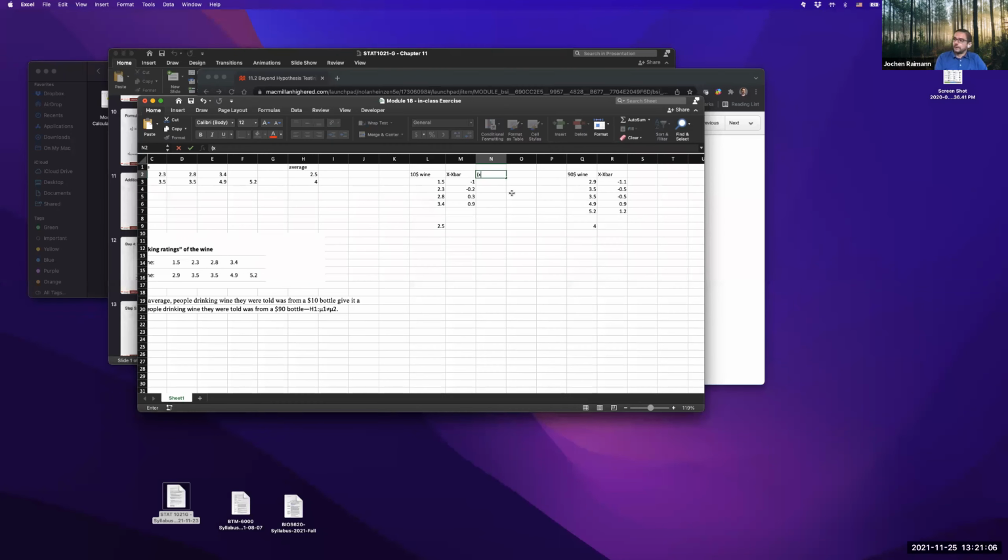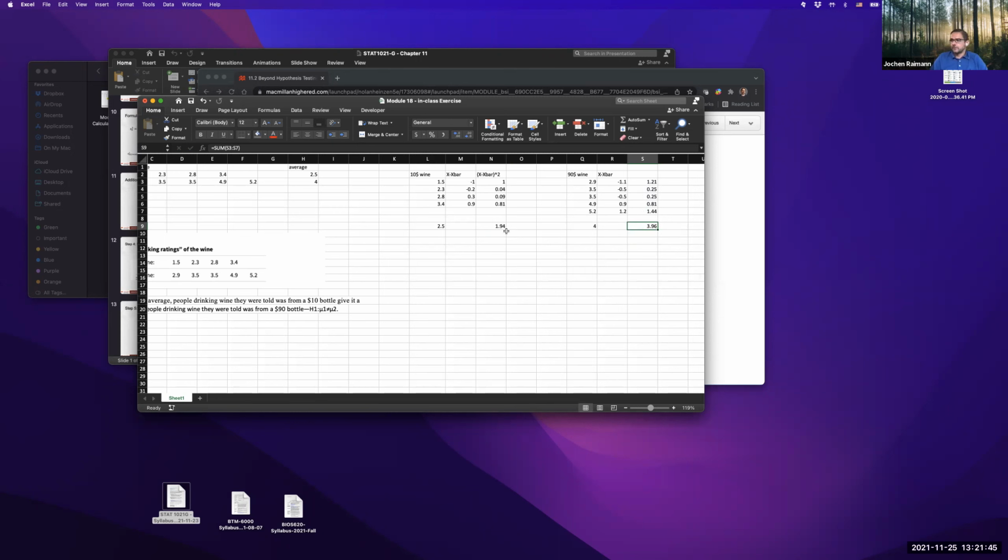The second thing is x minus x bar, and we're squaring our deviations. Just square. Now we get the square of our deviations. We can copy this over here. The sum of squares is now our pathway to the variance. And because we need to pool the variance, we need to get to a pooled variance.